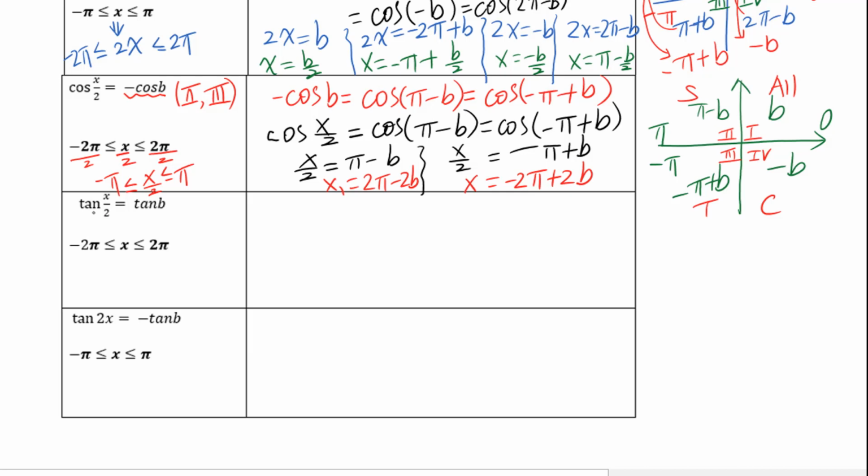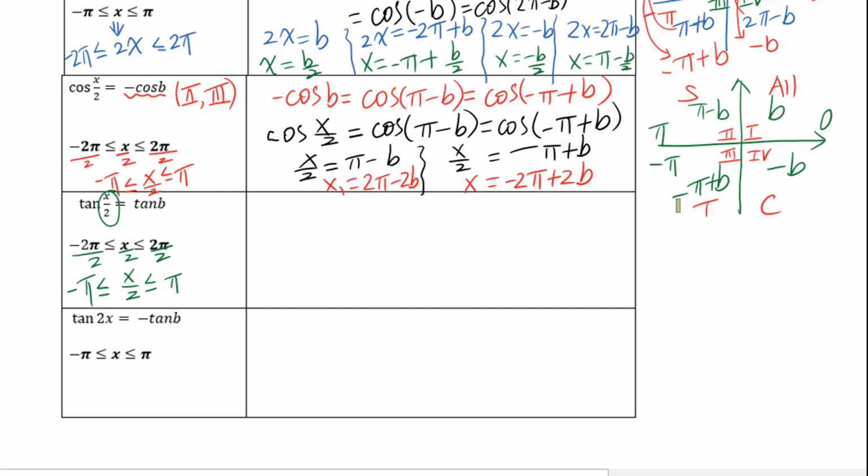Let's go to tangent x over 2 equals tangent b. x is greater than or equal to negative 2 pi, less than or equal to 2 pi. Since here is x over 2, we divide it by 2. For this inequality, you will get x over 2 greater than or equal to negative pi, less than or equal to pi.